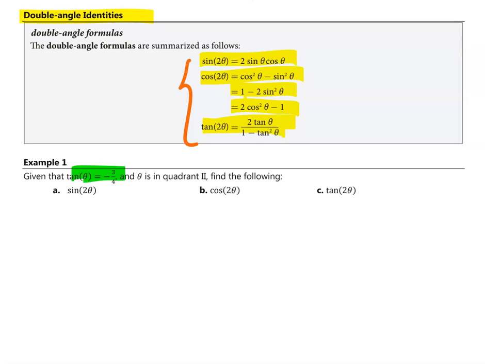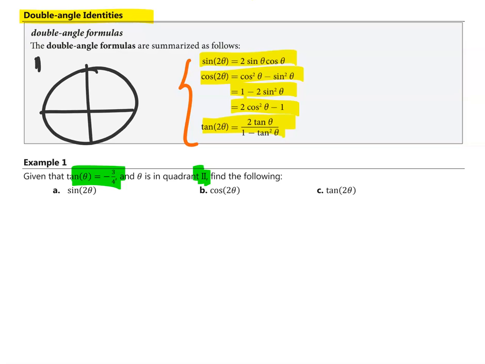Given the tangent theta is equal to negative 3/4 and theta is in quadrant 2, find the following. So tangent in quadrant 2. So this is quadrant 2 and it's negative 3/4. So let's say this is our theta.